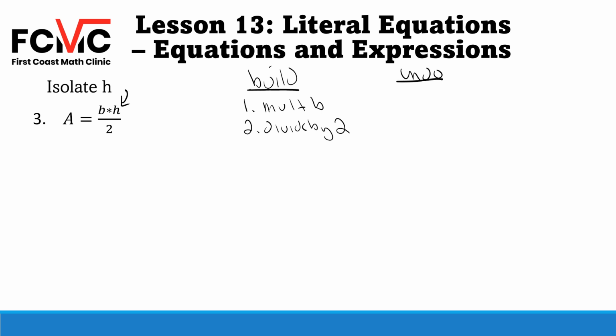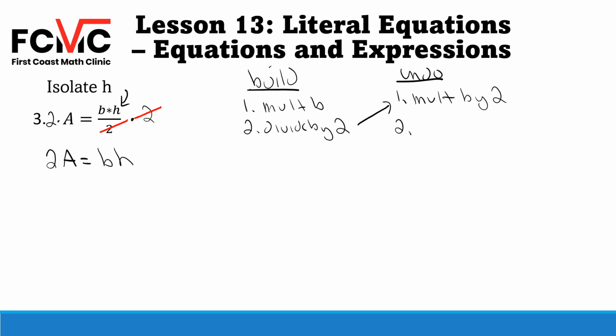So our undo, well, let's undo dividing by 2 and multiply by 2. So let's multiply the right side and the left side by 2. So the 2's cancel out on the right. So I get 2a equals b times h.